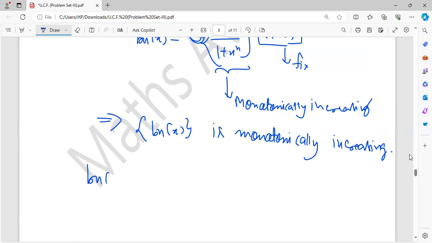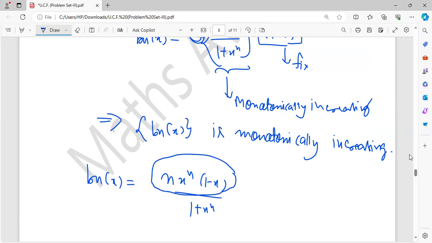Now you see what is bn(x)? bn(x) is n x to the power n (1 minus x) over (1 plus x to the power n). If I can show that the numerator is uniformly bounded, then automatically the whole bn(x) will be bounded, because the denominator is greater than or equal to 1.